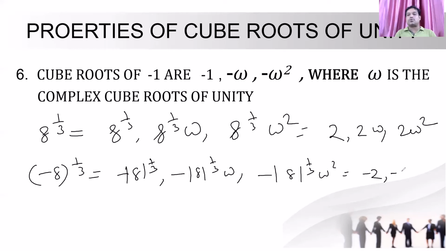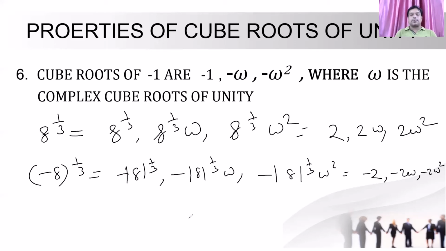So it is minus 2, minus 2 omega and minus 2 omega squared. So these are the cube roots of any number you can find, not only 8, but 27 or any value.